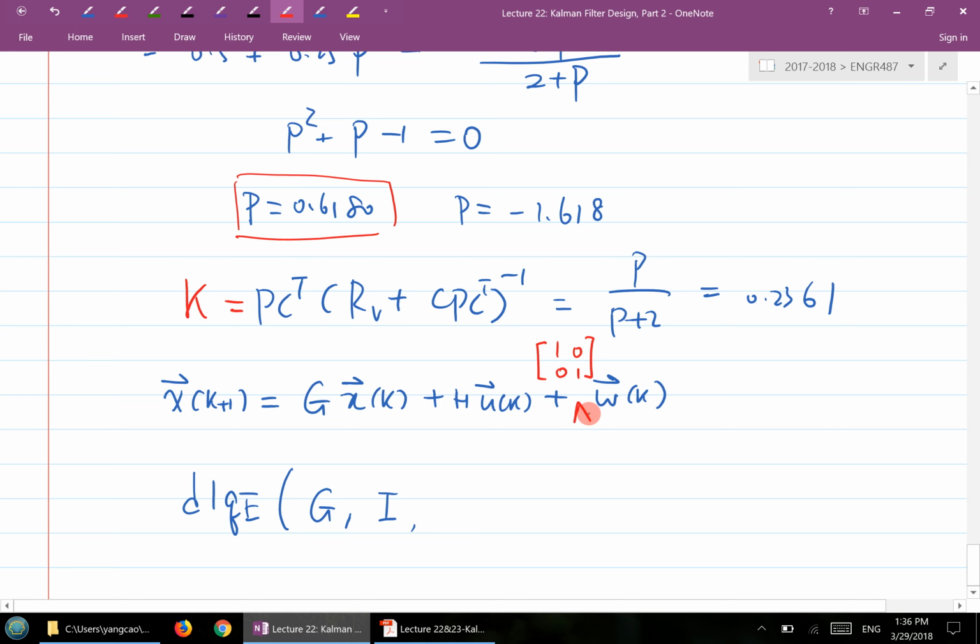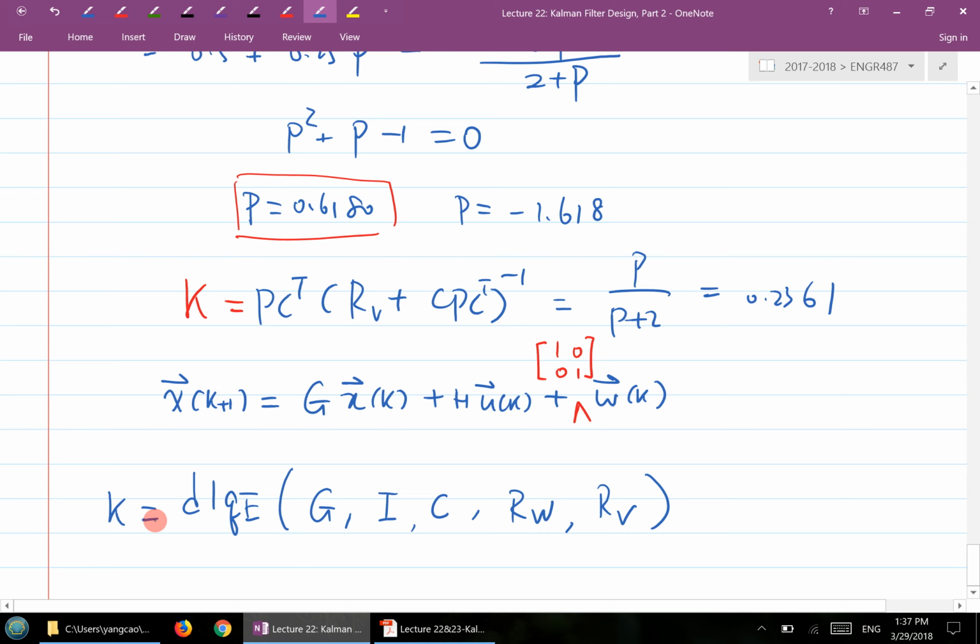If it is other than this, then you have something different. Then plug in the next one, the C output matrix, and then the variance for the process, and also for the sensor. That's how you can use DLQE to calculate the Kalman filter gain K.